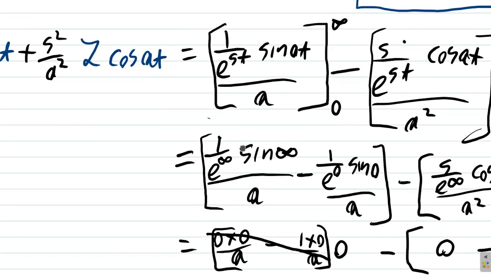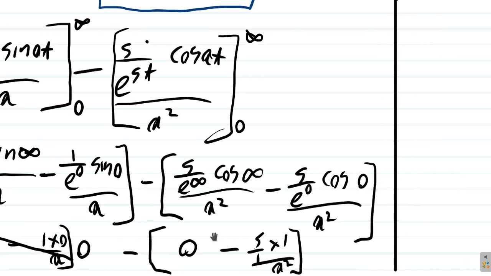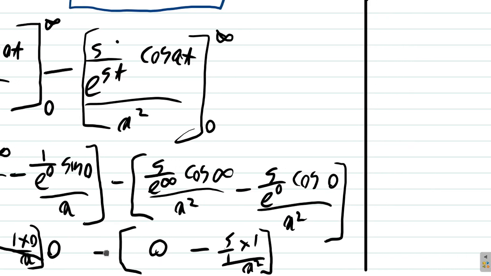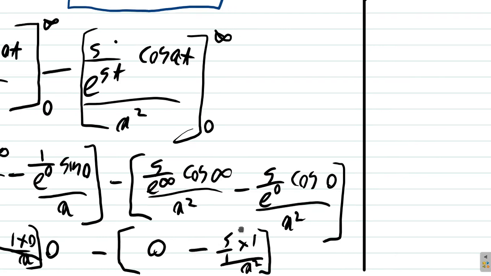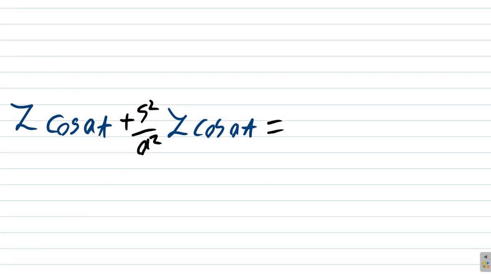Now what is that equal to? It's 0 minus this minus and this minus, we have a plus. This is s over a squared. So it's equal to s over a squared.